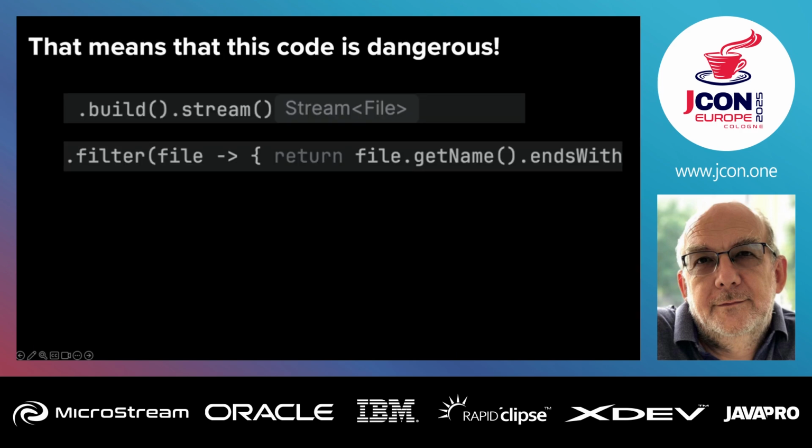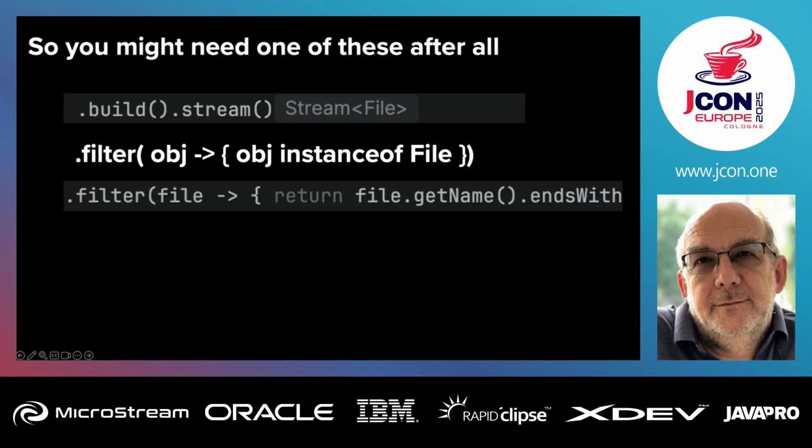So that means the code that I came up with, which said, oh, I've taken out this checking, this mapping, is dangerous. So I actually need to have something in here to deal with the fact that the objects I'm streaming aren't necessarily the things that I want. Okay?